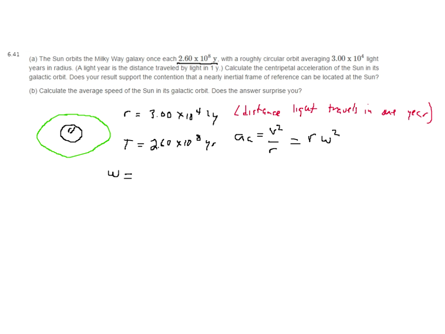So omega equals the circumference divided by the time taken, which is 2 pi r divided by the period.